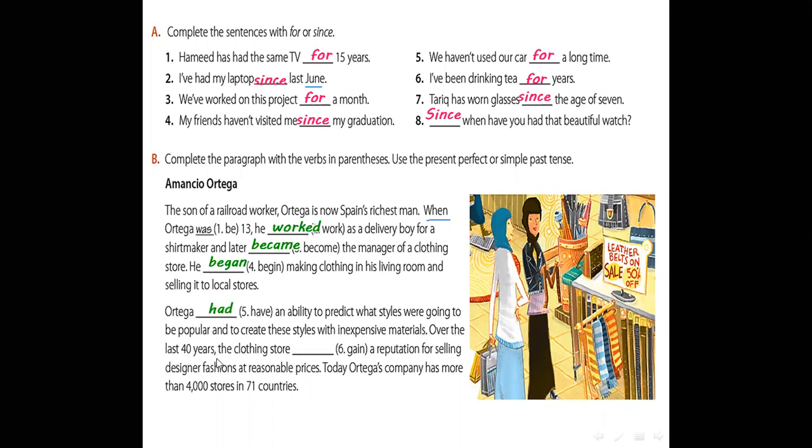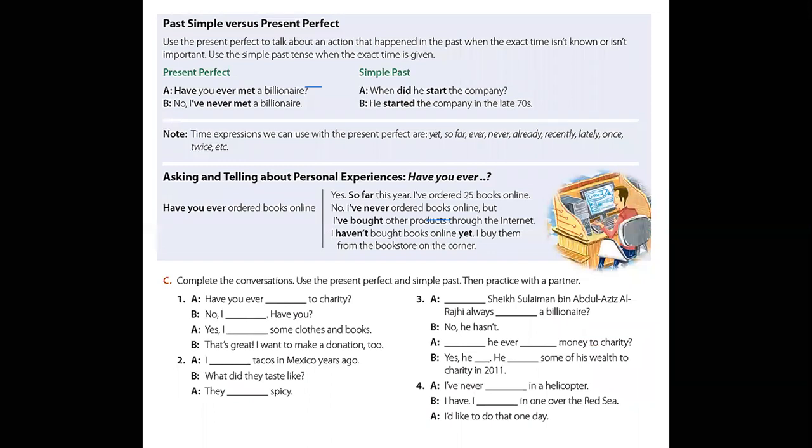Over the last 14 years, pay attention to 14 years. So we will use present perfect. And the store, the clothing store, the subject here is singular, so we will use have or has. Very good, my dear students. Has gained. Okay.